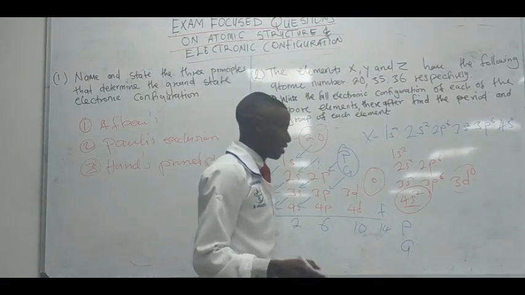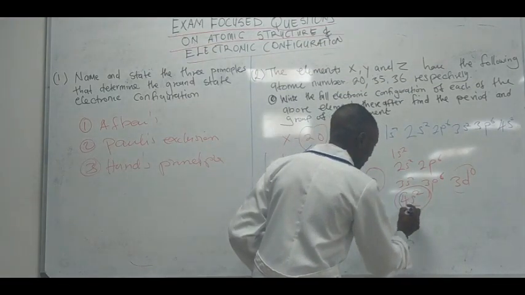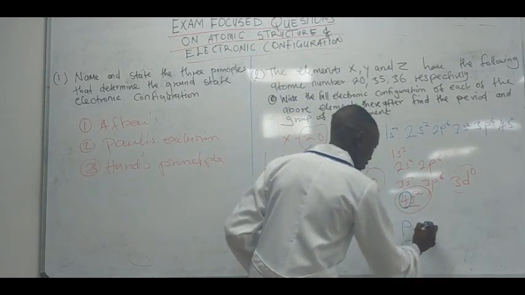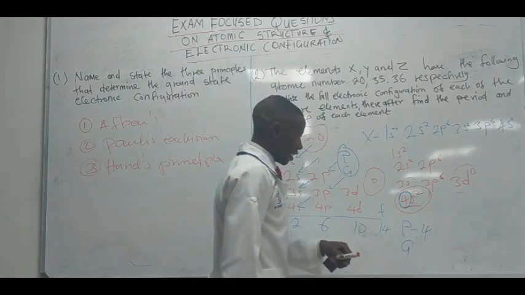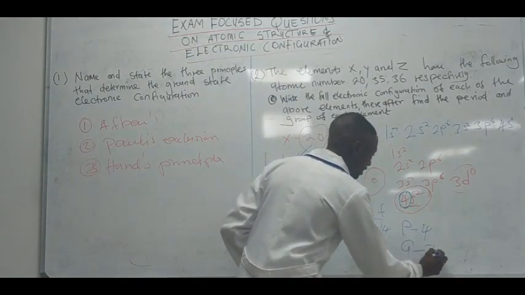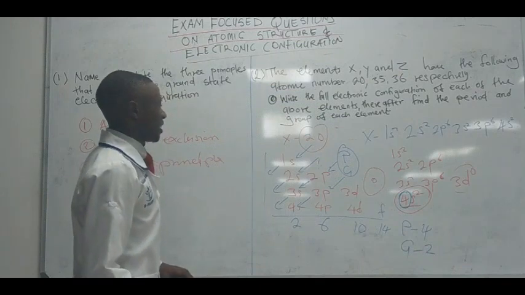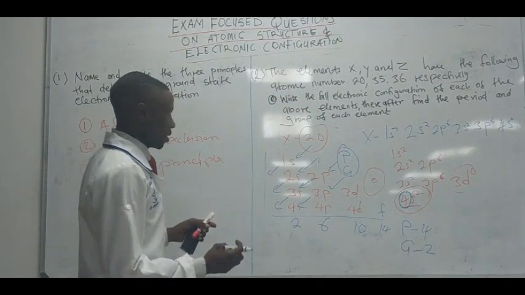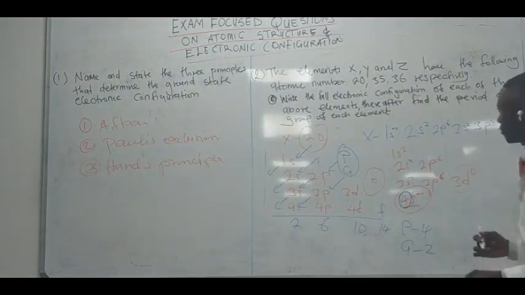You are right, that's the answer. So my period is this. What's my group? You are right. My group is 2. Okay, and we are done. So this is how you tackle this question. This is how you look at it, and it's very simple and straightforward.